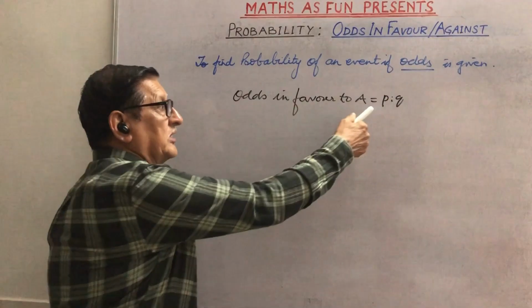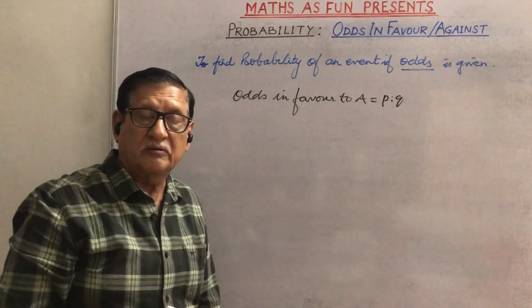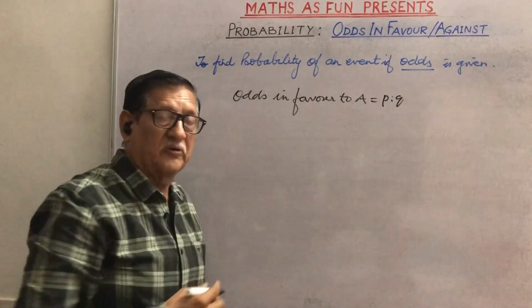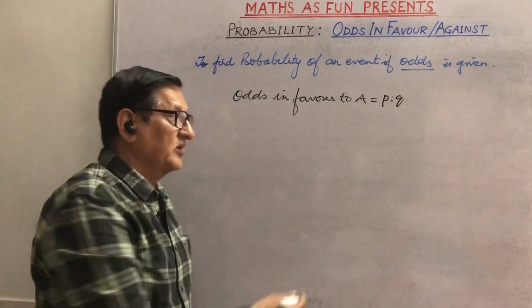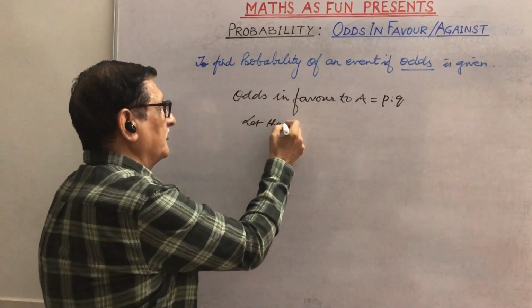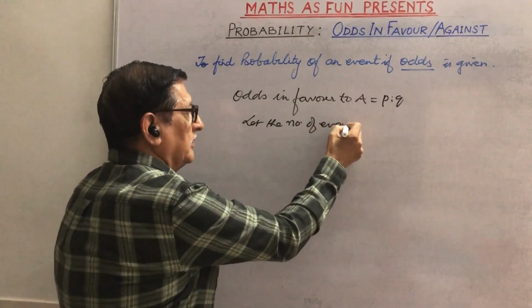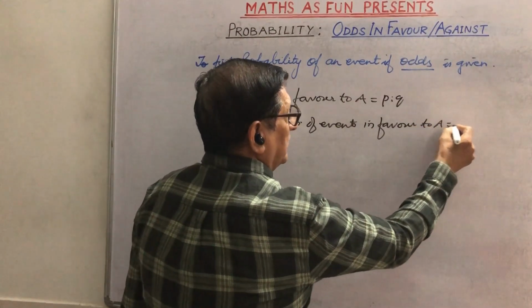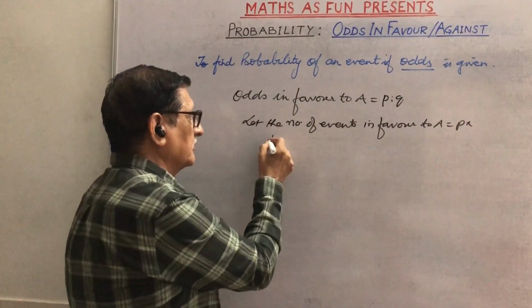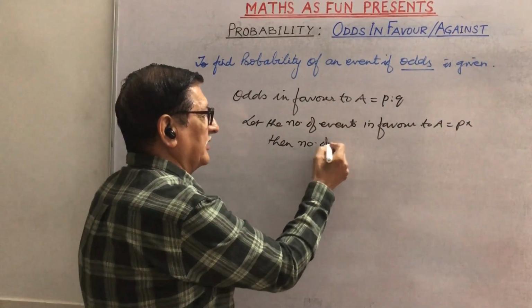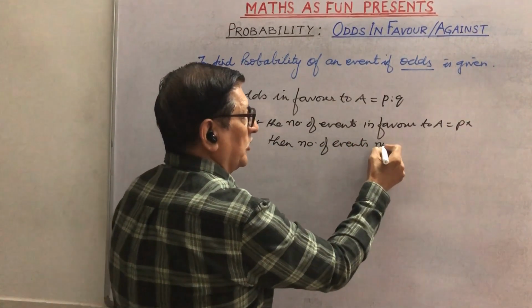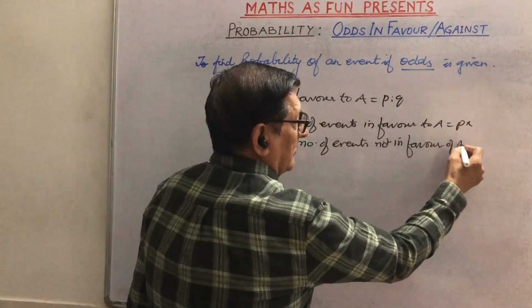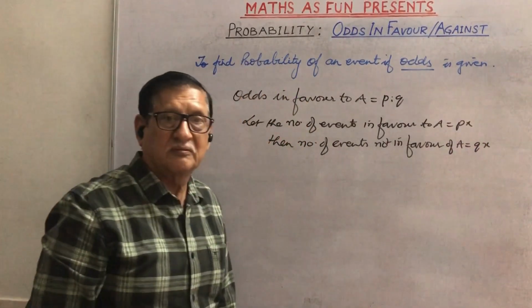Then we can say that the number of events in favor will be some multiple of p and not in favor will be some multiple of q, because this is the ratio. So we can consider, let the number of events in favor of A be px. Then the number of events not in favor of A will be qx.